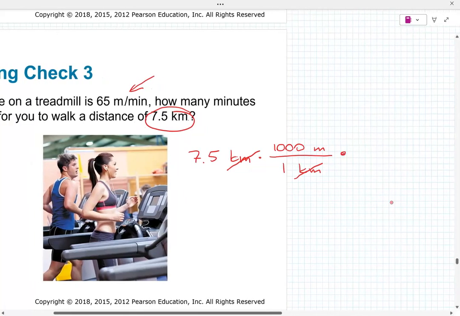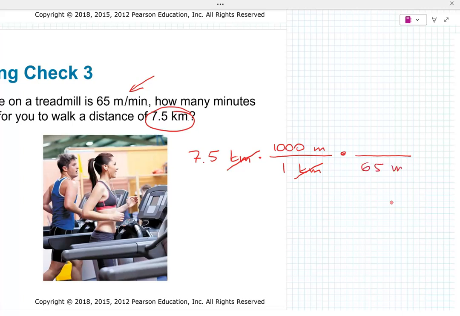Now you need to go from meters to minutes. What goes on the bottom? 65 meters that you can walk in a matter of how much time? 1 minute. Does that make sense? That checks out.